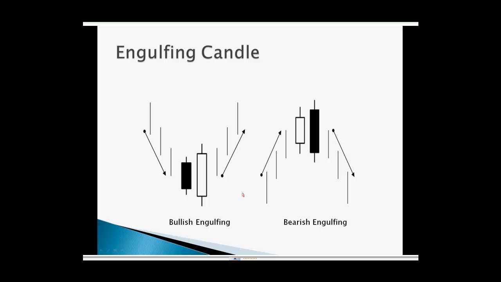It opens below the previous day, rallies very strongly, and closes above the previous day's open to close trading range, so it fully engulfs at least the previous day's body. It doesn't have to fully engulf the entire trading range of the previous day, but it has to at least fully engulf the body.